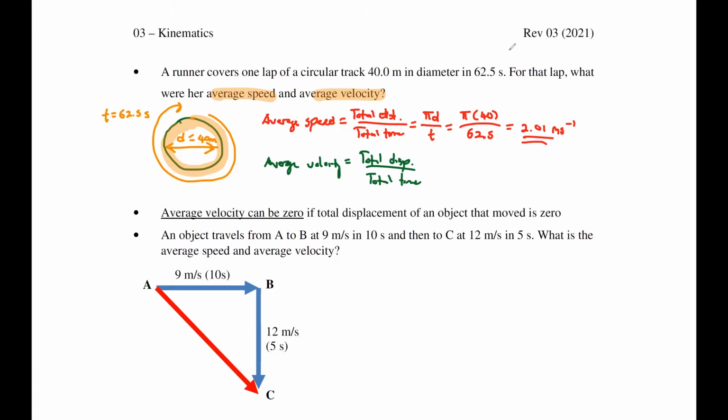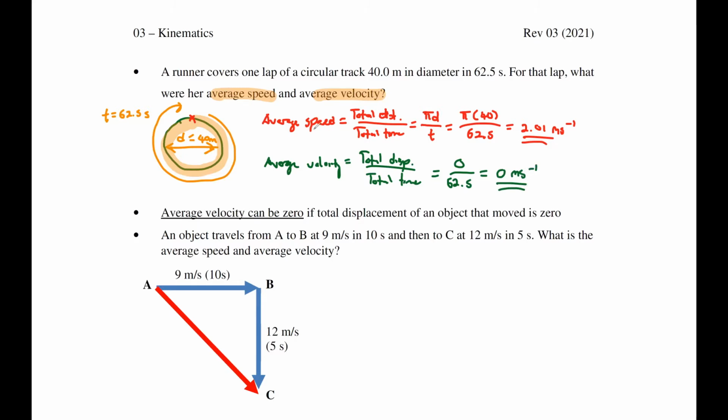Now, in the case where you have a runner that ran a full lap in a circle and returned back to the same original point where she started off with, your total displacement is actually just going to be 0. So although you are taking some time to move one round, your total displacement is still considered to be 0. So eventually your average velocity is just considered to be 0.